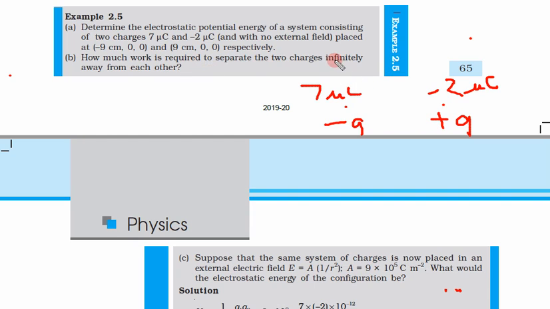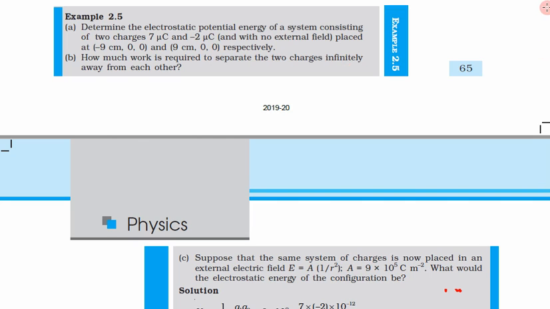This charge is positive, this charge is negative, so they will attract each other automatically. Hence we have to do some work to separate them to infinity. So this is the second question.